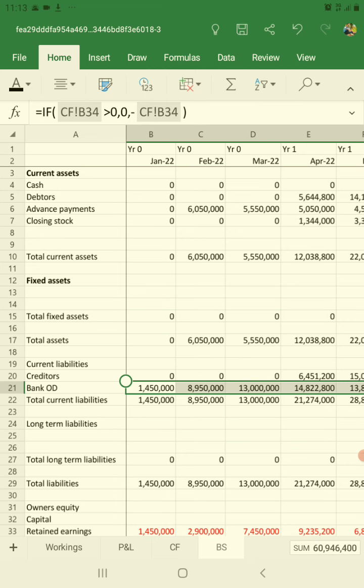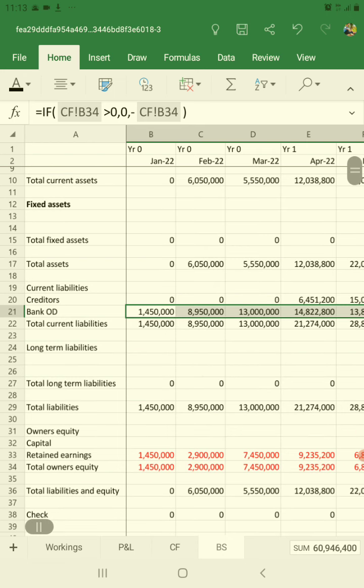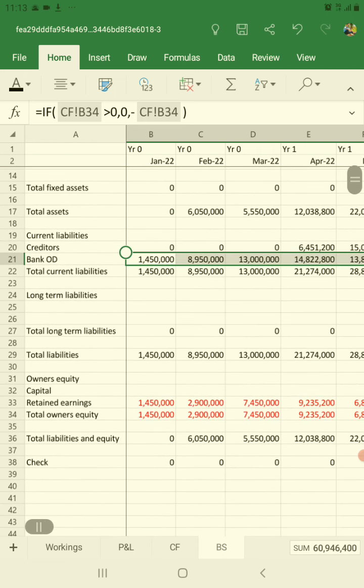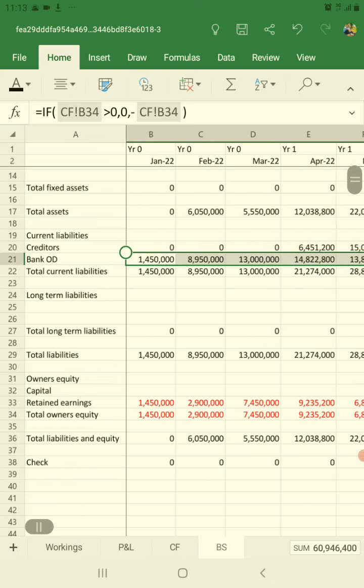Okay, so after saying that, we have already modeled our bank overdraft and our cash is now balanced. So let us proceed with modeling for accruals.